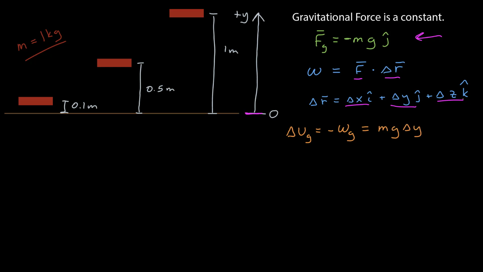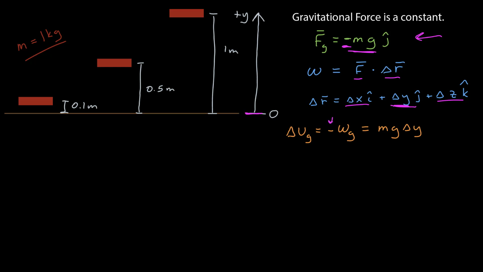I can now calculate that work from this dot product, and I get negative mg times delta y. Only the y components show up in my answer because there is no x component or z component for the force due to gravity. And then the result is positive because I have a minus sign from this component and I have a minus sign there.